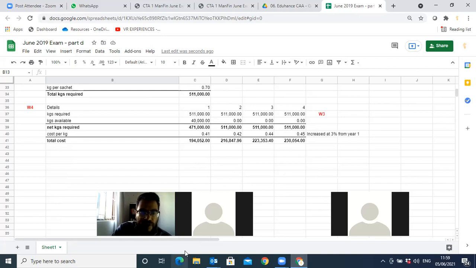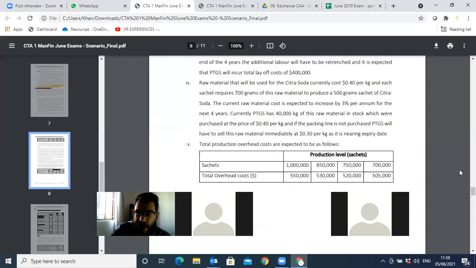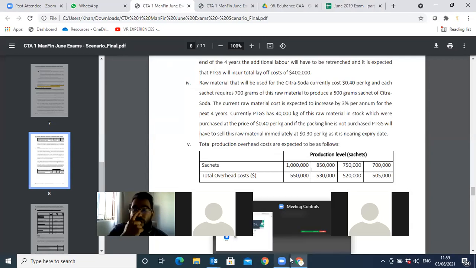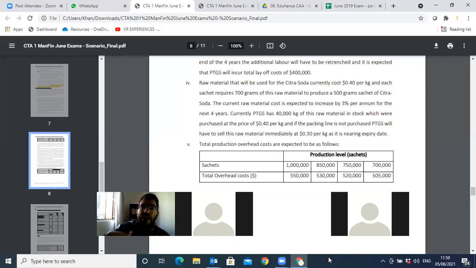So let's go back to the scenario. Now we must work out the total production overhead costs expected as follows. When you are given a cost and you see a range of information, so here you can see, if you get two types of information, the total cost as well as the units for a range, then you must know it is a mixed cost.